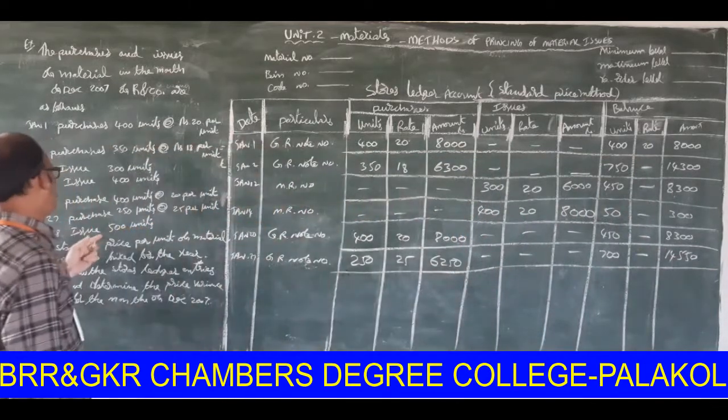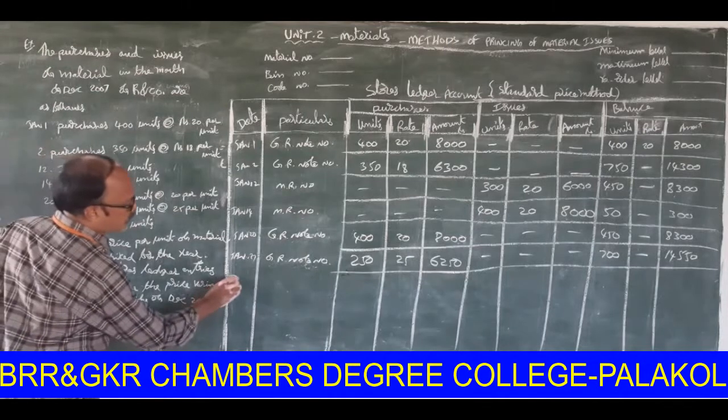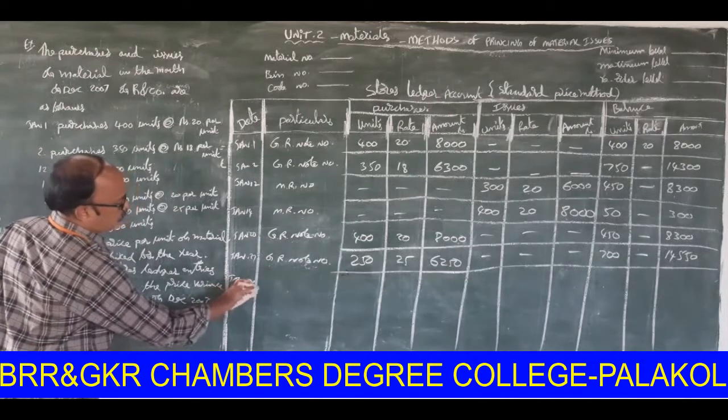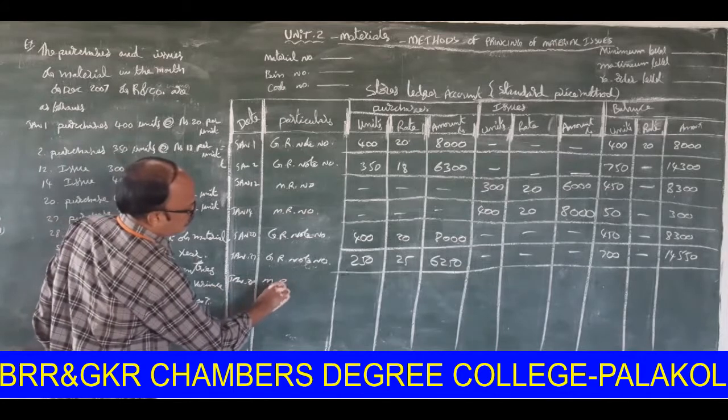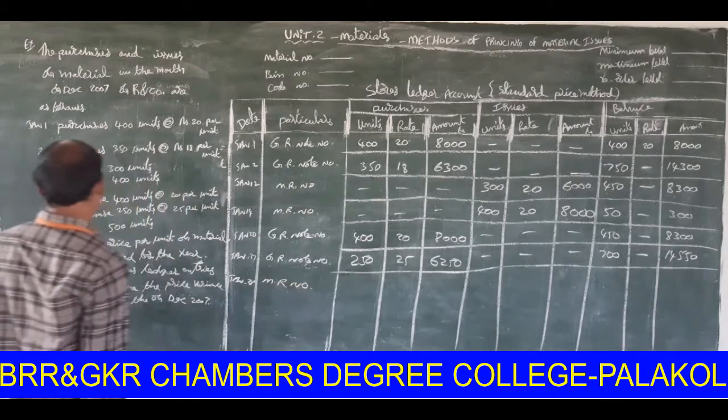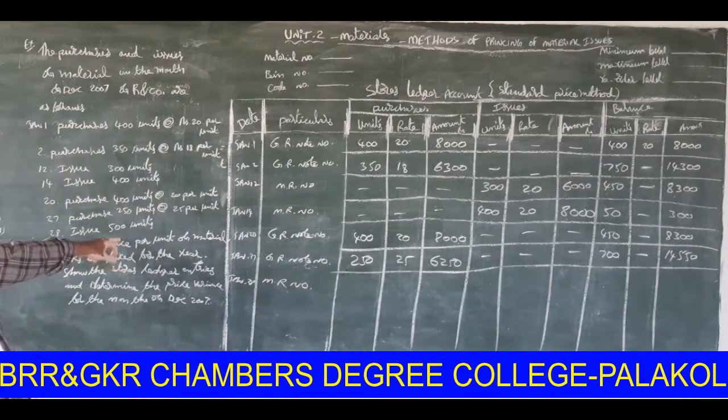Next, issues on January 28th. Issues, requisition number. How many units issued here? 500 units.